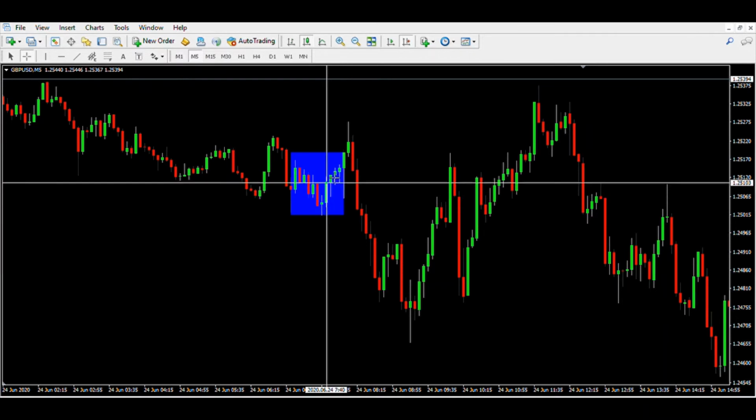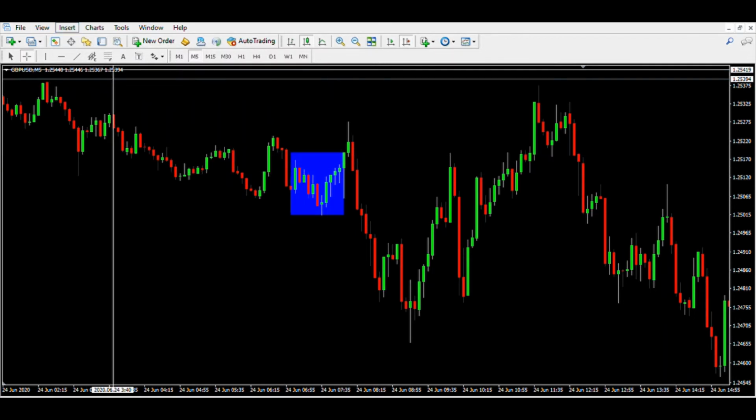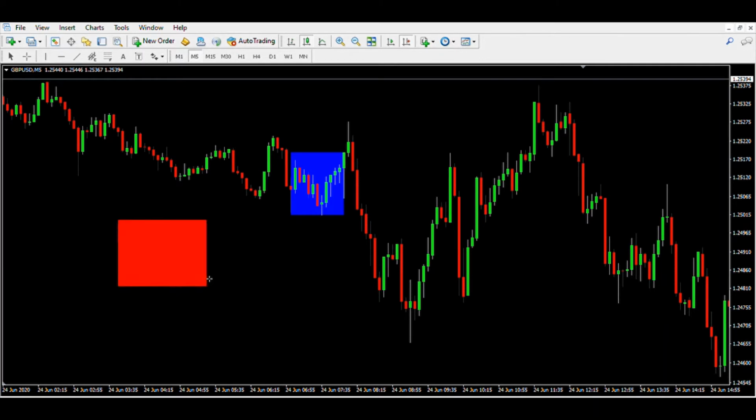So once you mark up your session box, you can find your insert. You go to shapes, you go to triangular, and you can also change your color and stuff. Okay, that's very simple. So once you mark your hour, and now on this candle London is open, and this is 5 past and this is 10 past.